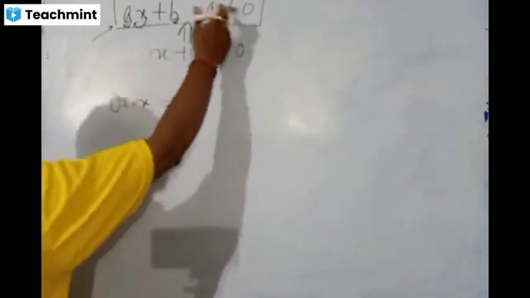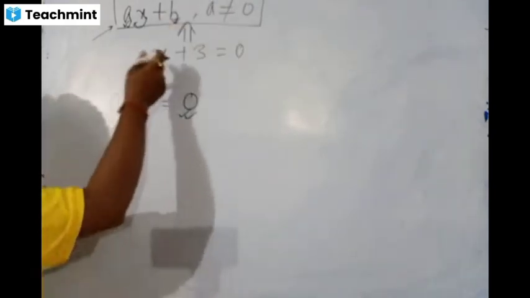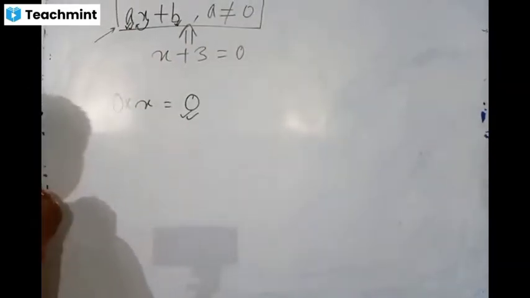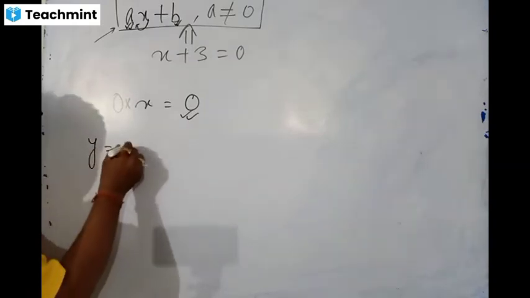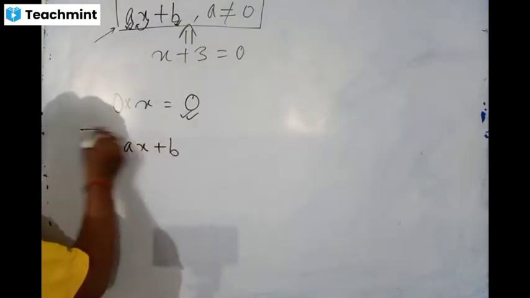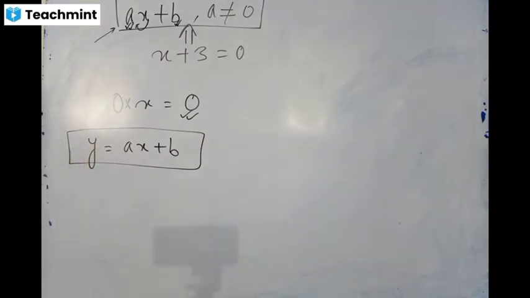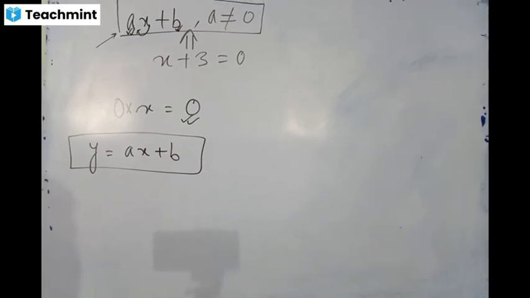For using this expression in terms of a graph, you must write that y is equal to ax plus b. For finding the value of y, you must know the value of x. Okay.